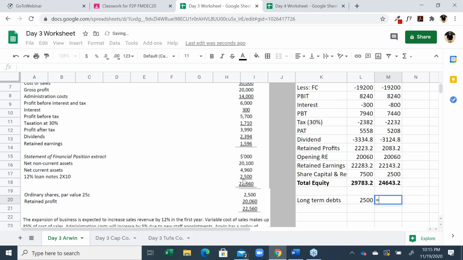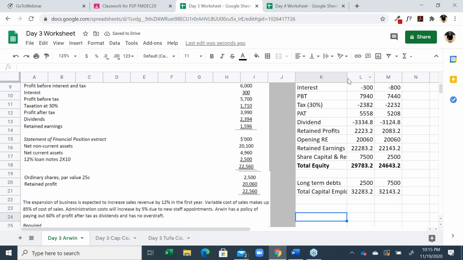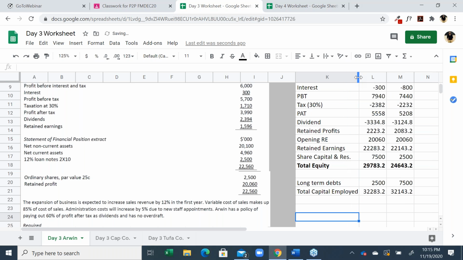But in this case, it will increase by 5,000. It will be 7,500. So total capital employed will be equal to equity plus long-term debts. Now it will be easy for us to calculate all those ratios and see the impact, right?